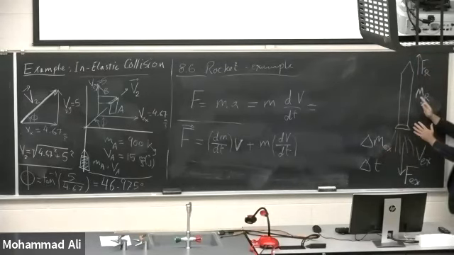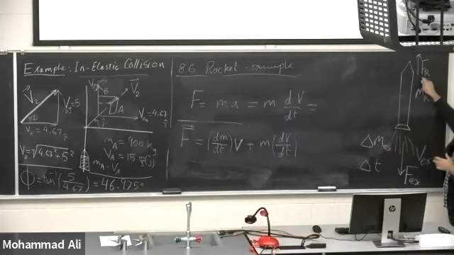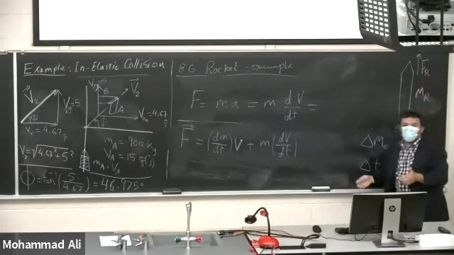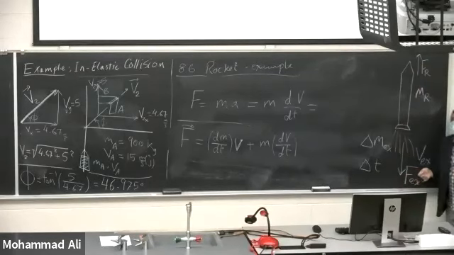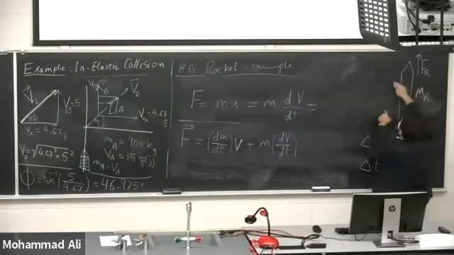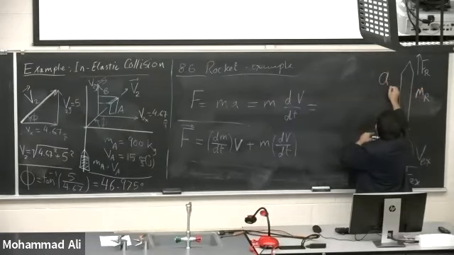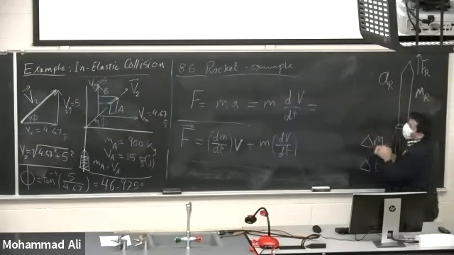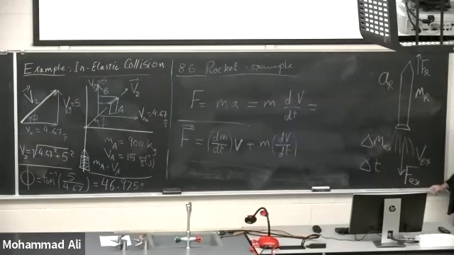So the rocket is going under this force. Any object going under a force will accelerate and will not have a constant velocity. Then this rocket has acceleration, not a constant velocity. But the exhausted materials come out with constant velocity, but with changing mass.